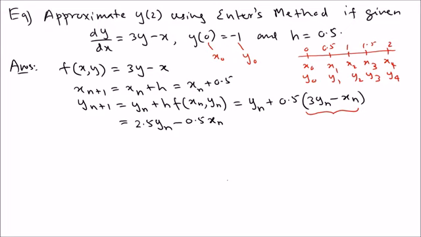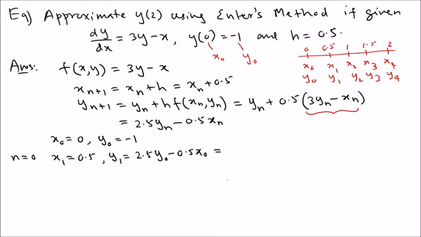So we can start with x0, which is 0, and y0, which is -1. Now we can start plugging in the values. First value is 0. When you plug in 0, you get x1, which is you add 0.5, so it is 0.5. And y1, the formula says it is 2.5 y0 minus 0.5 x0.